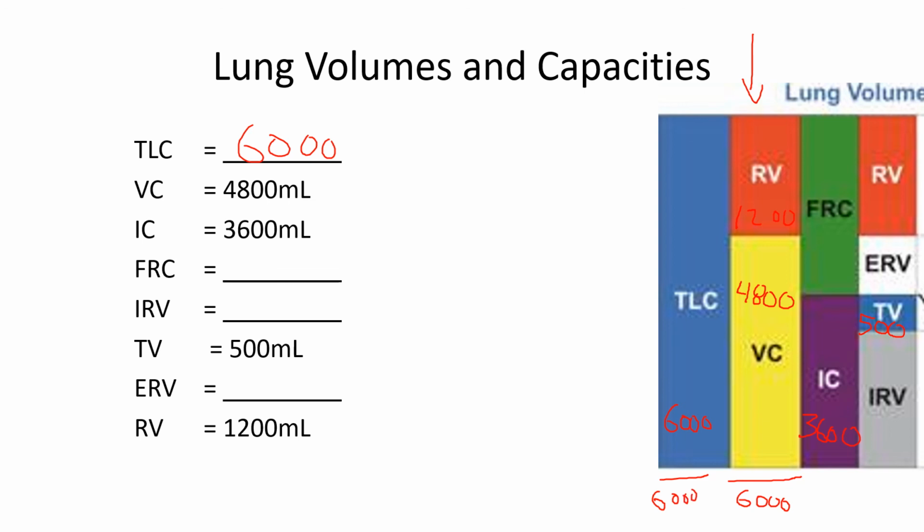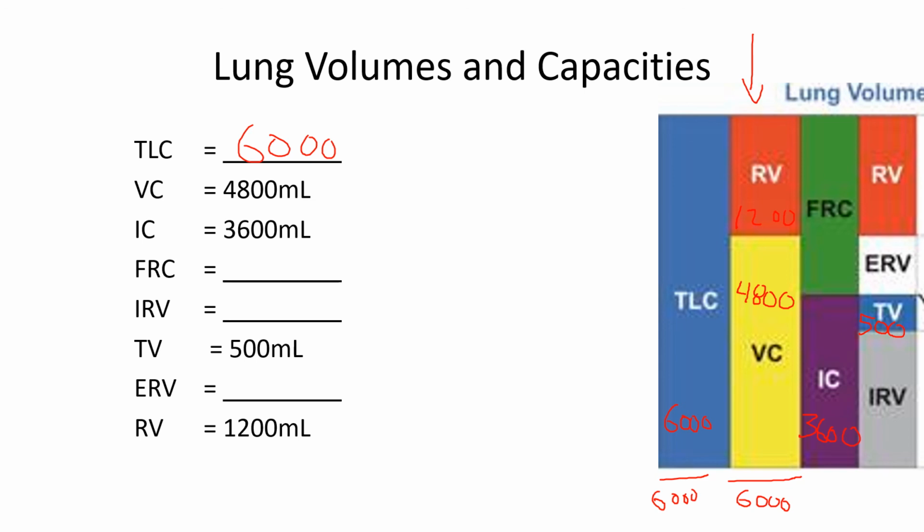All right. So that's the first thing you need to try to figure out, is the value of the column. So because we know RV and VC, we add those together, that's equal to TLC. Right? So now we know the total lung capacity, we can solve the other portions.